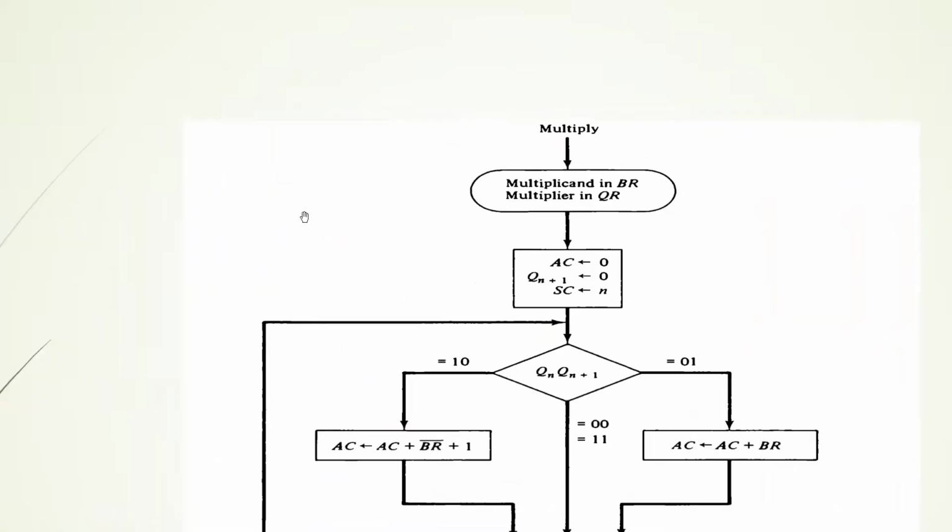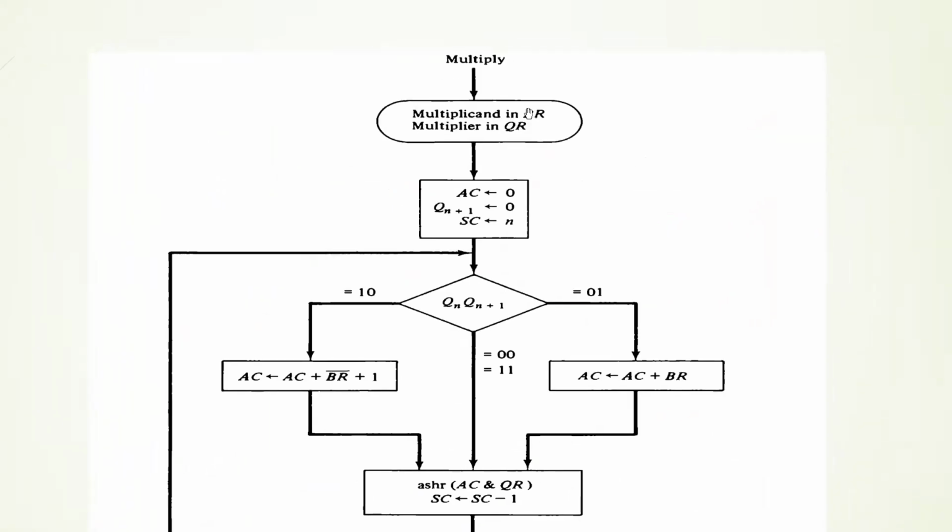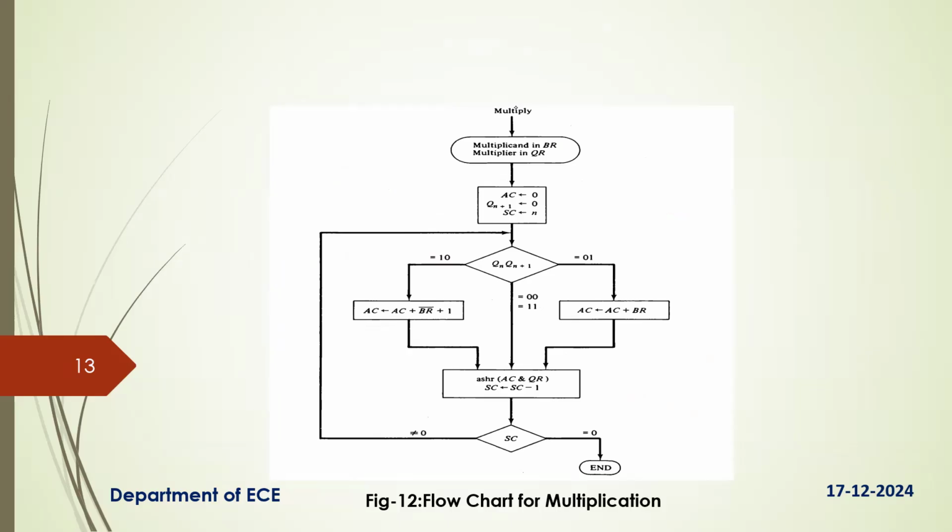Now, if you see the flowchart clearly, start. Initially, we need to store the multiplicand in the BR register and the multiplier in the QR register. We set the accumulator, the AC register, to 0, and Qn plus 1 is initially set to 0.